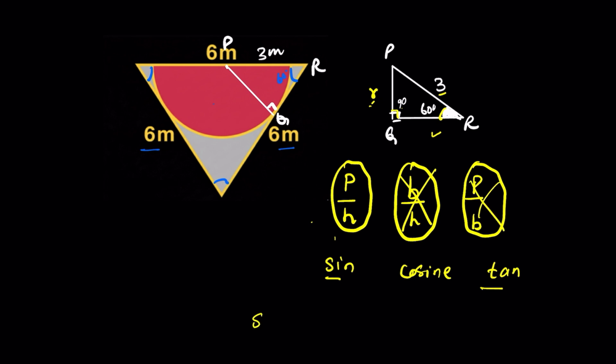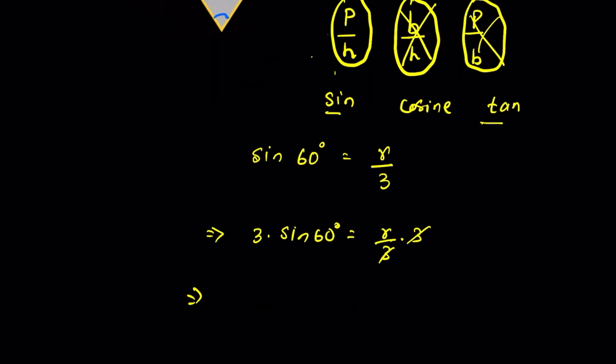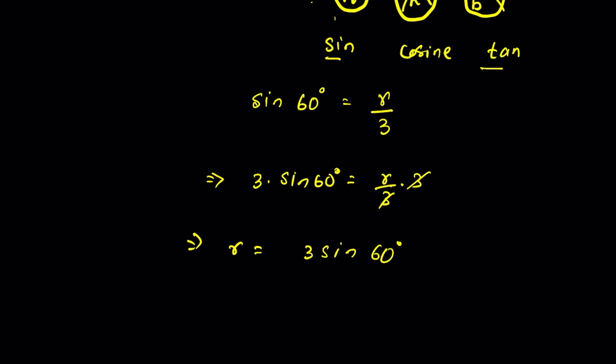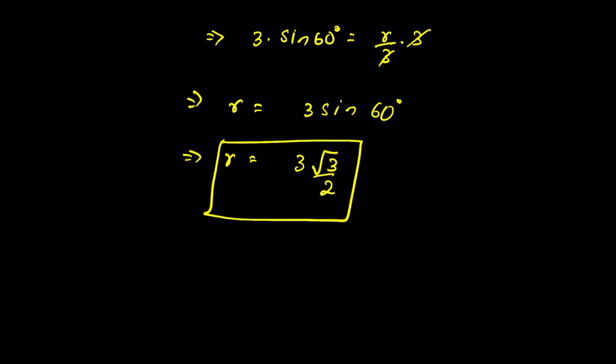Therefore we can write sine 60 degrees equals perpendicular, that is R, upon 3, or multiply both sides by 3. Therefore R equals 3 times sine 60 degrees. The value of sine 60 degrees is square root of 3 upon 2. So R again is 3 times square root of 3 upon 2.